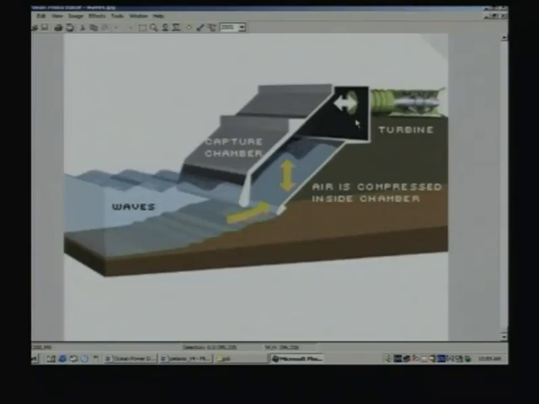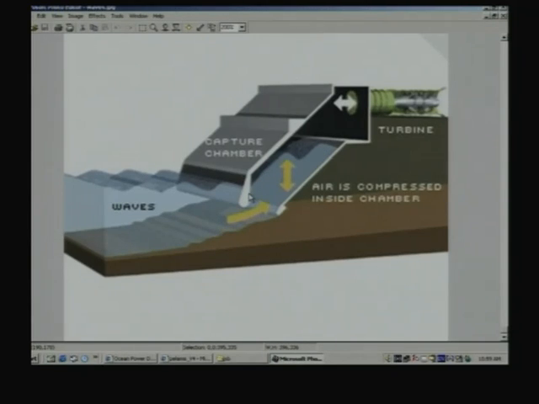Is it clear? The water that goes in acts as a piston and pushes the air, which in turn runs a turbine. When the water again recedes, it will pull the air column back.